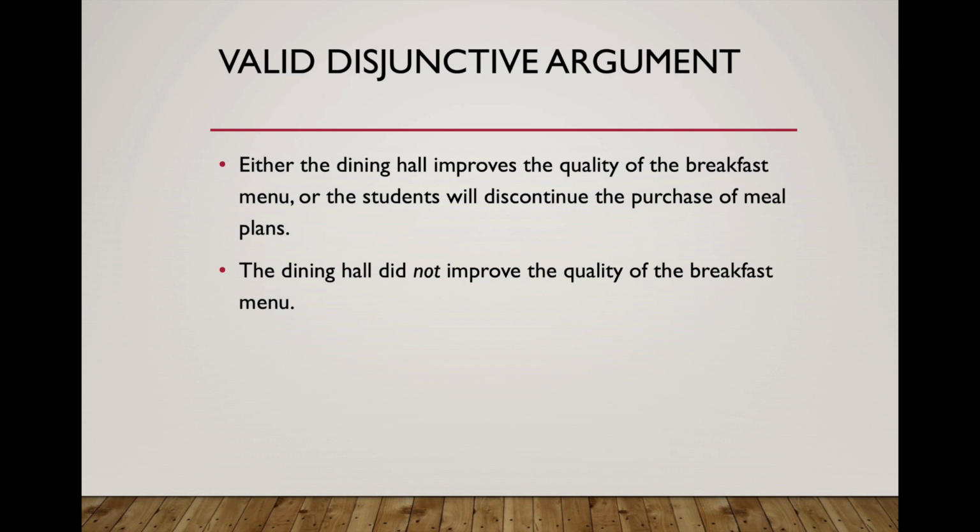But again, this permits us to conclude with certainty then that students discontinue the purchase of meal plans. Why? Because one of the disjuncts must be true, and we learn in the second premise that one of them is false, and that allows us to conclude that the other one must be true. So, students discontinued the purchase of meal plans.